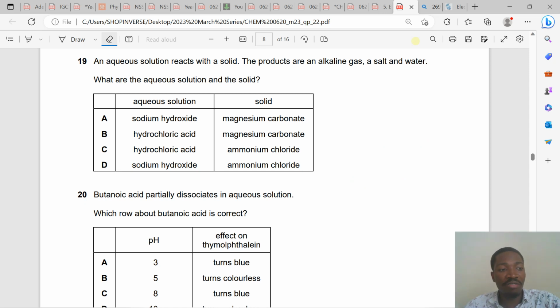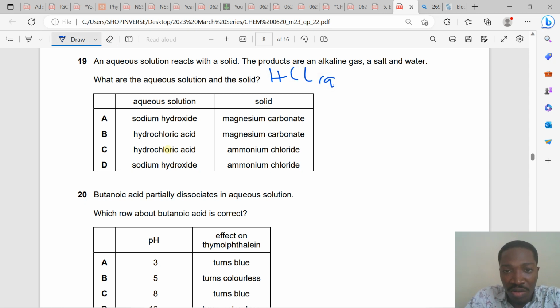The third one we have here is hydrochloric acid and ammonium chloride, HCl plus ammonium chloride, NH4Cl.